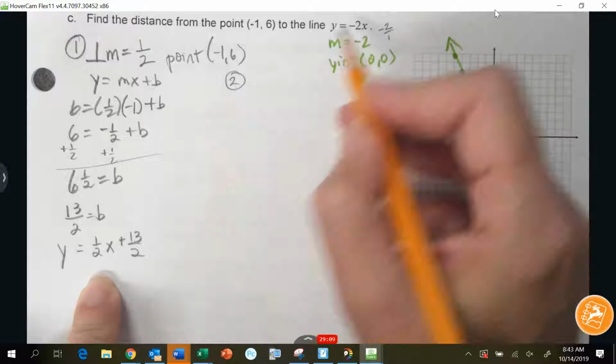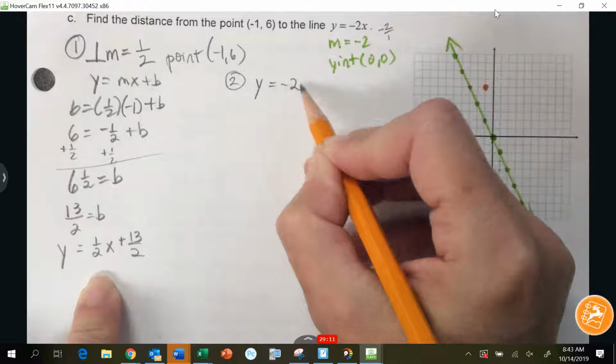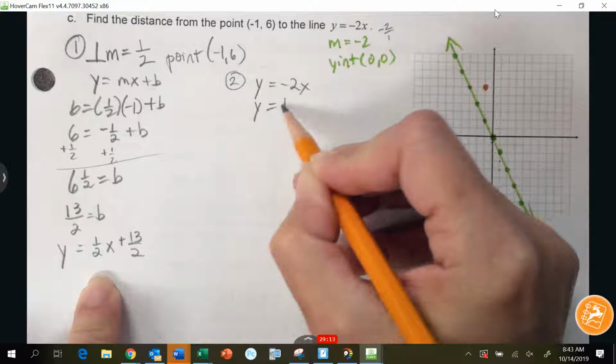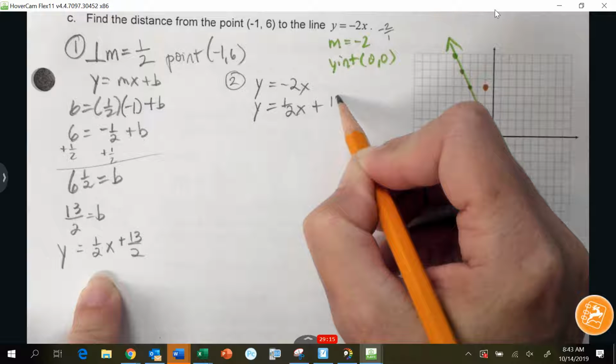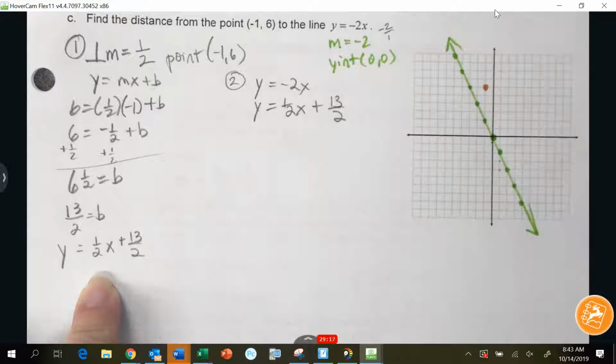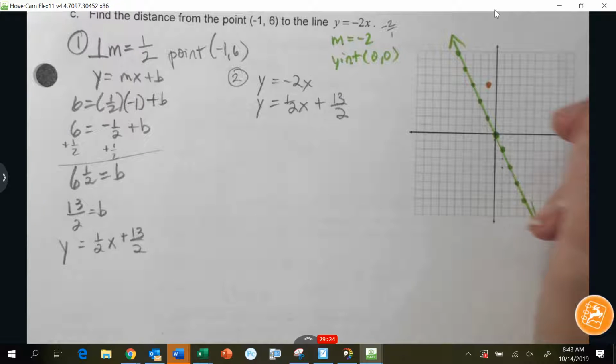So we're going to write the two equations, y equals -2x and y equals 1/2 x plus 13/2, with each other. And we're going to use the transitive property. And Austin, how can I write my next step?